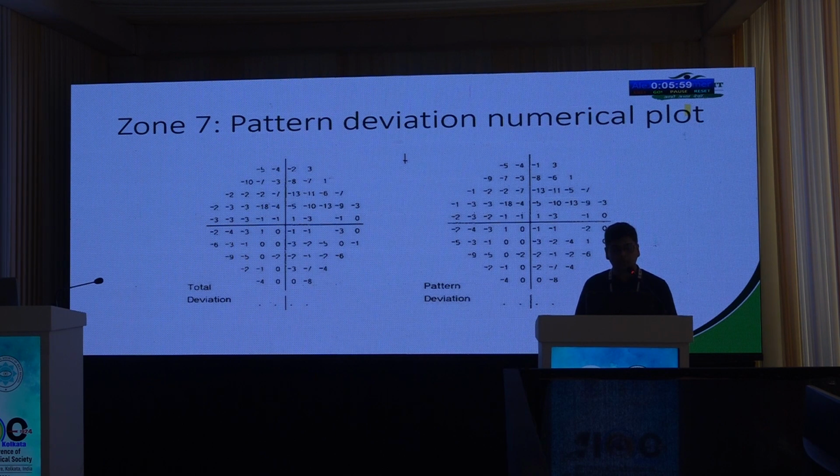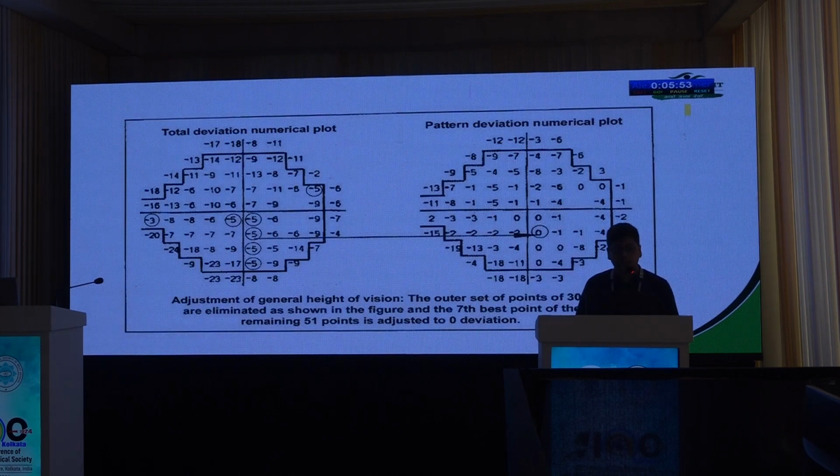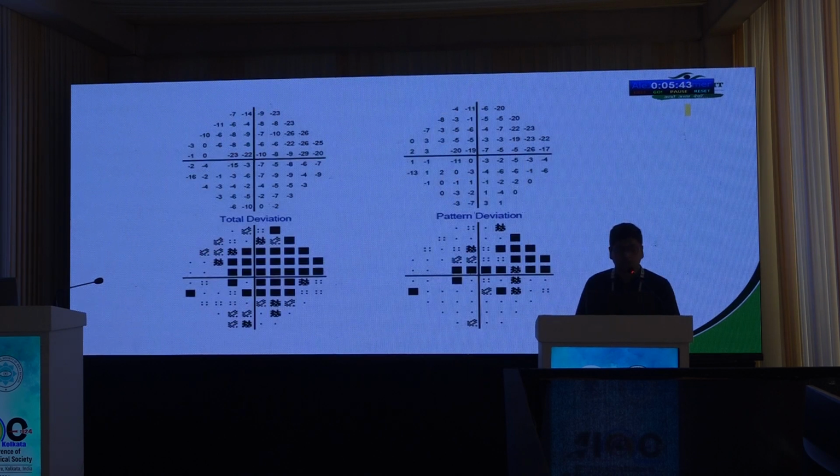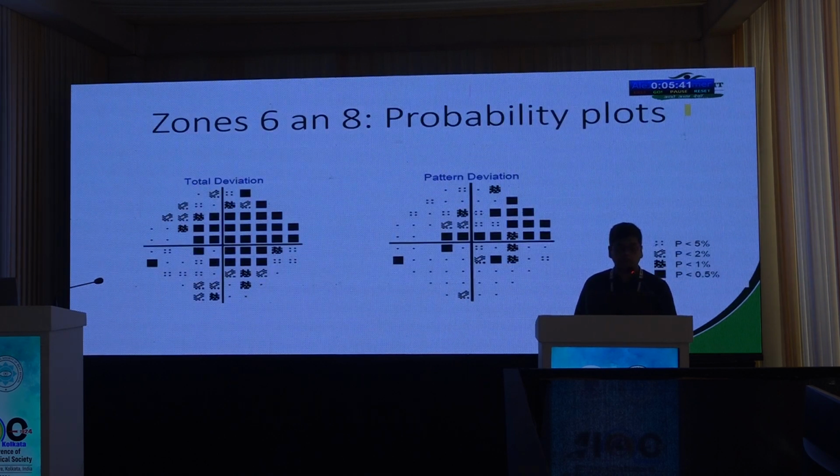The general height of the vision is reduced, and the 7th best sensitivity point is taken as 0, and the other points are adjusted to give a pattern deviation plot, which gives us the more localized field defects which we see in glaucoma. So then there are the probability plots, which give us a visual representation of how likely the point is to be within the normal limits or outside.